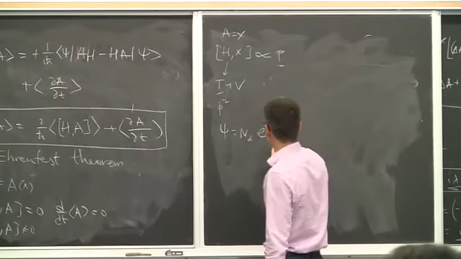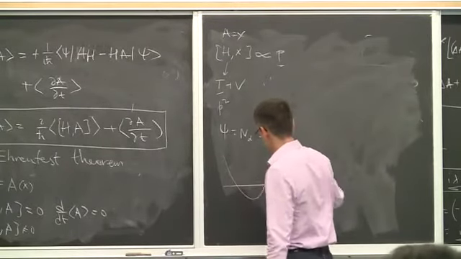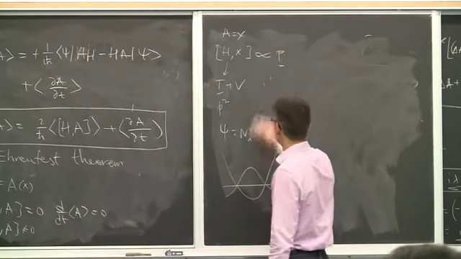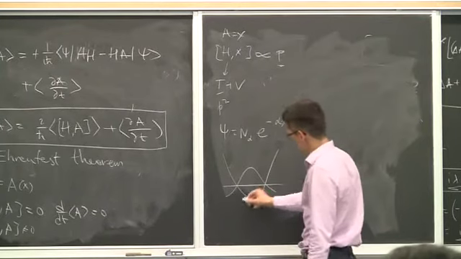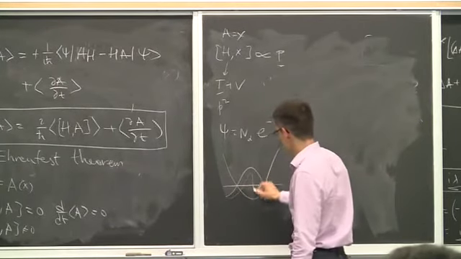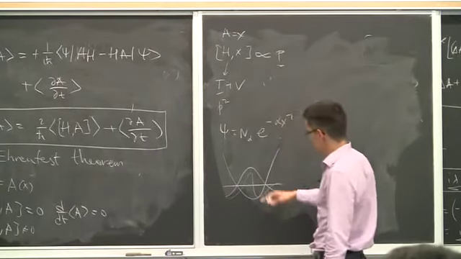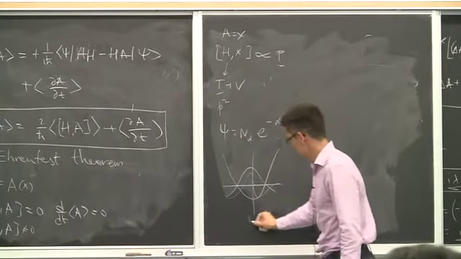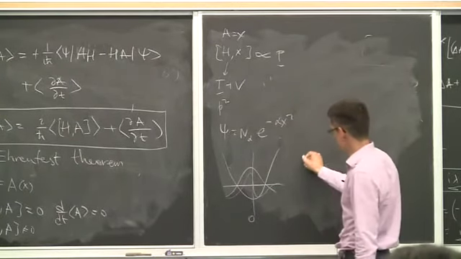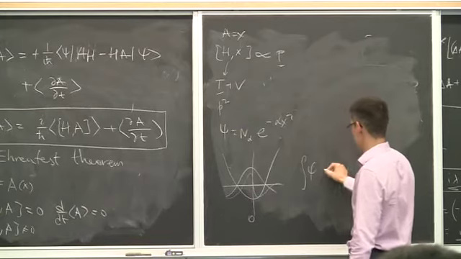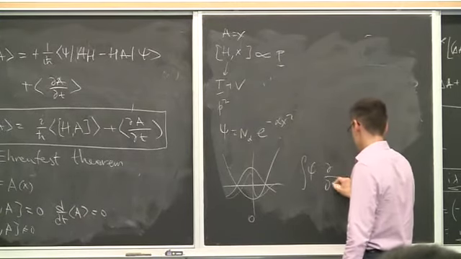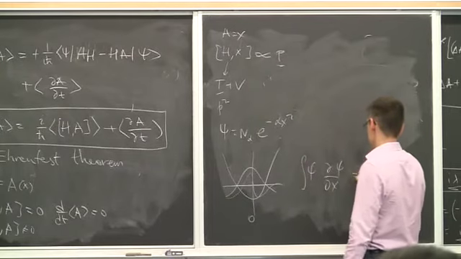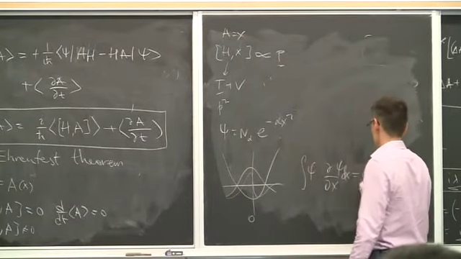Then, because of the symmetry, P is an operator that differentiates. So when it differentiates the function, it creates a node right in the middle. And so the integral of psi with the differentiated psi will be 0.